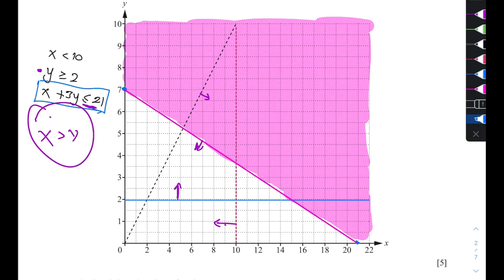Now the next thing that we need to do is to take another line. You see this line, the arrow goes this way, so we want to shade everything back of it. So we just shade here. All right, we just shade here. Okay, now let's go to the blue line. Well, for this blue line, the arrow goes up, so we shade everything below. All right, so we shade here.